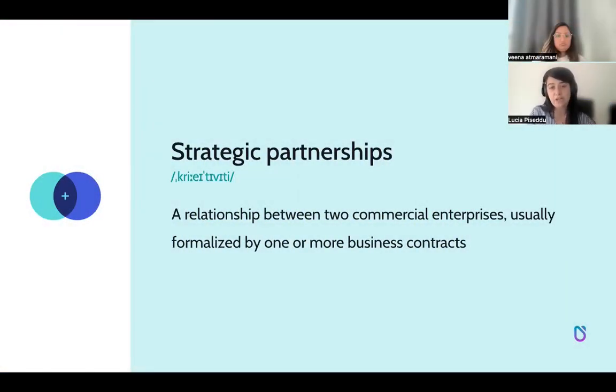Now, strategic partnerships are a very powerful strategy because, of course, it can help you mitigate the risks of launching new initiatives, new value proposition, new products, because you combine forces with another company that has a similar capability to yours, or maybe complementary to yours.